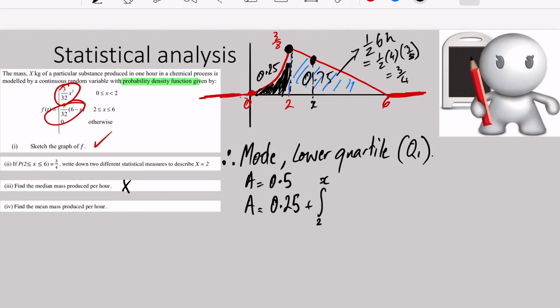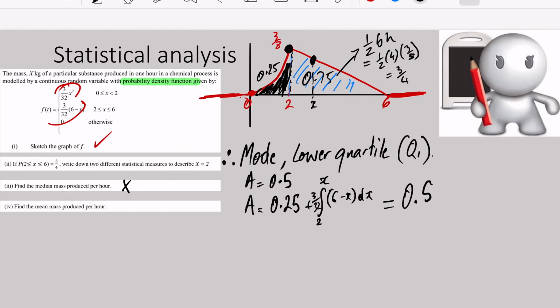All right. So we want the integral from 2 to x of 3 over 32. Well, that's a constant, so let's put that out over here. We want the integral of 6 minus x with respect to x, and for all of that to equal 0.5.